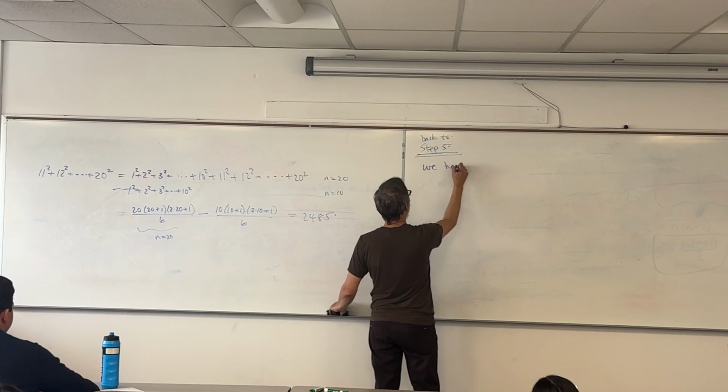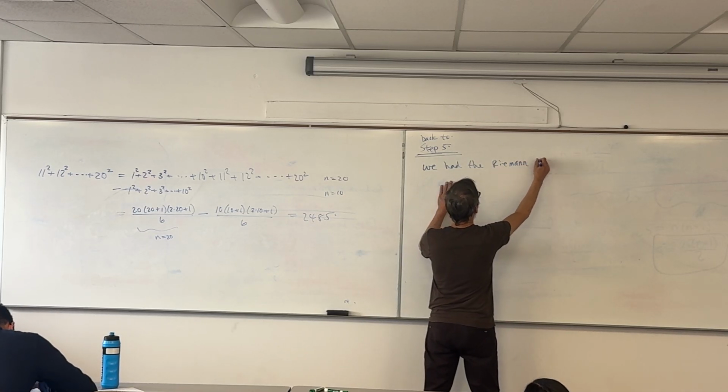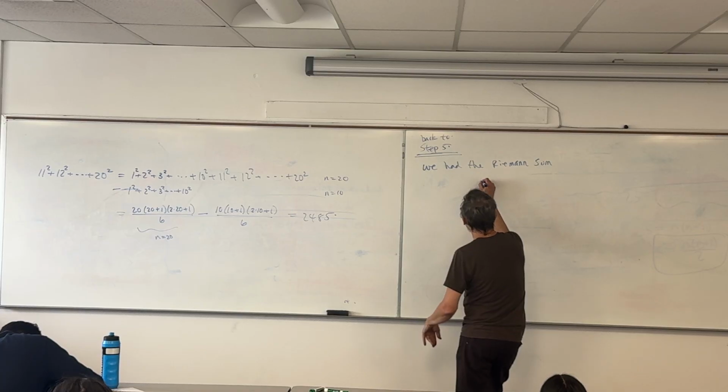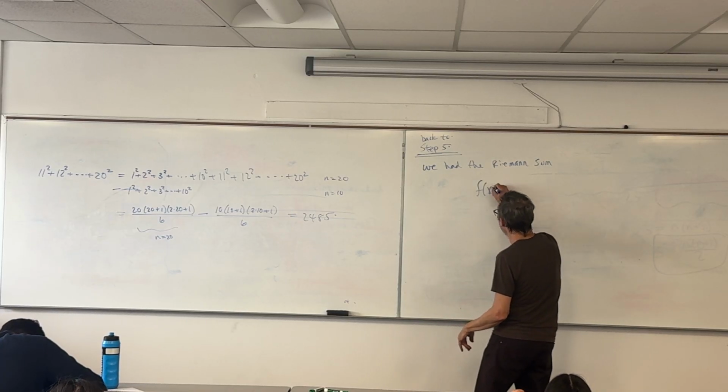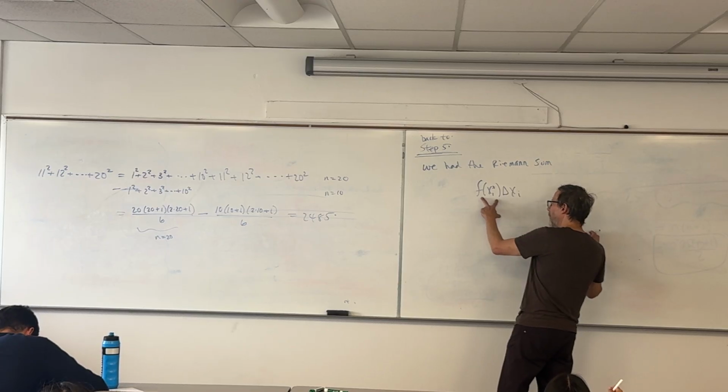We had the Riemann sum that looked like this. It was our function at the first representative point times the first base width.